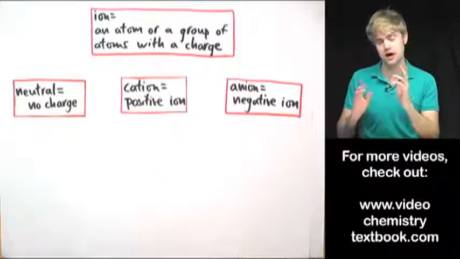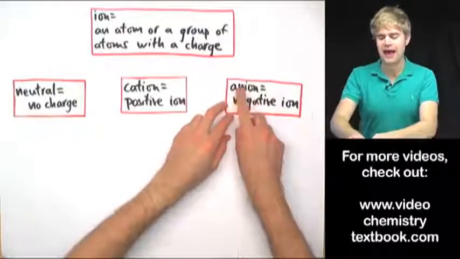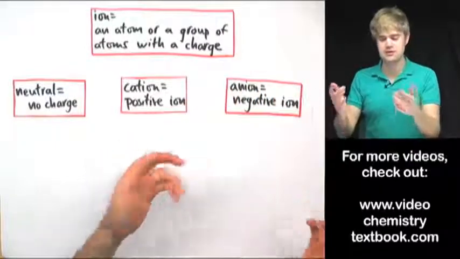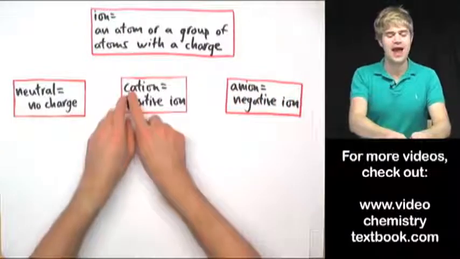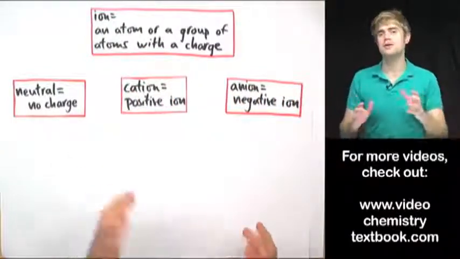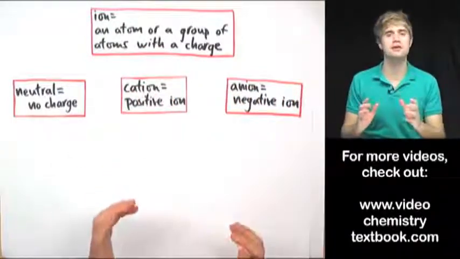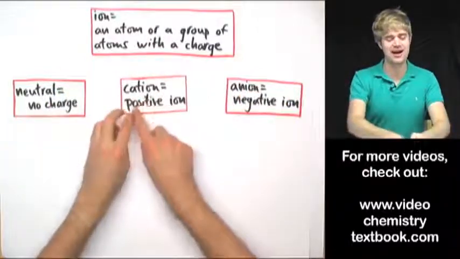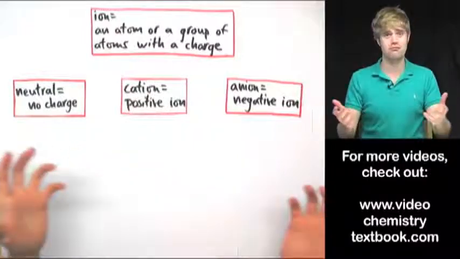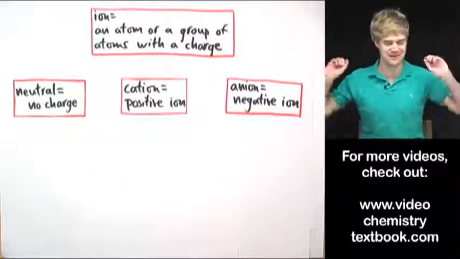Here's a way that I use to remember this, okay? Anion, I think of this as standing for a negative ion. And then cation, it's really cheesy, but you can remember this because cats have paws, and a cation is positive. All right? You'll never forget it. I swear, you'll never forget it.